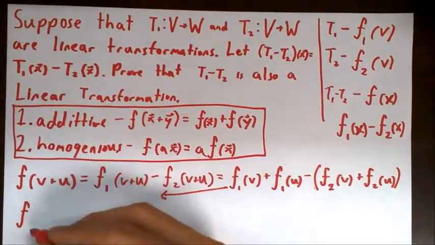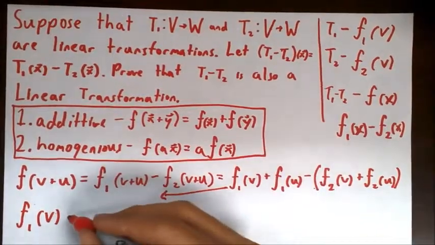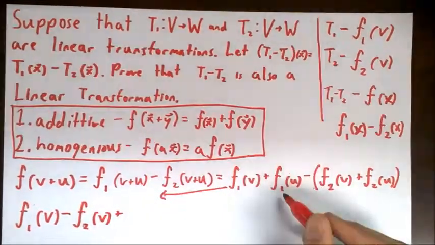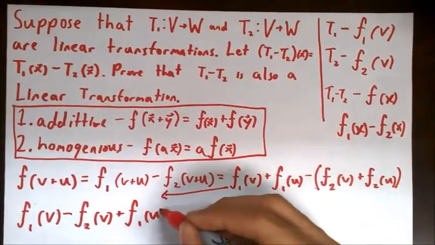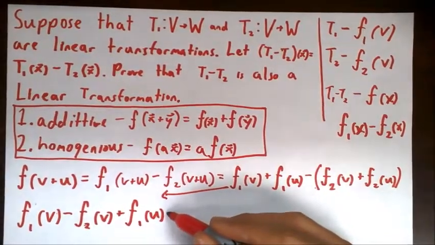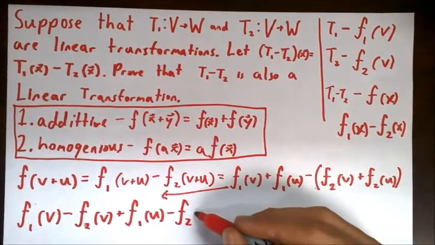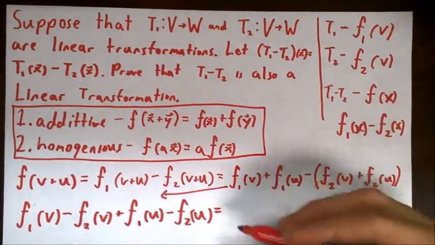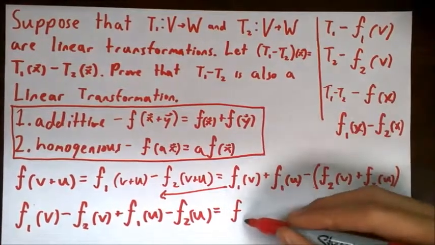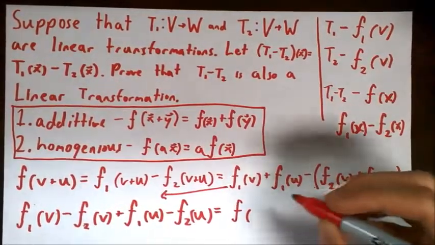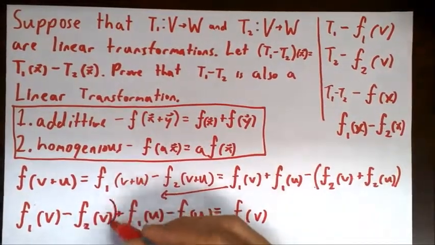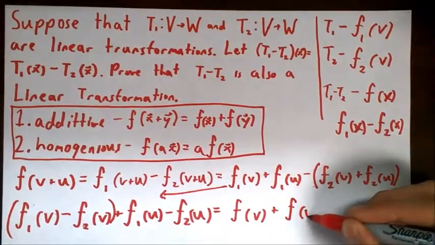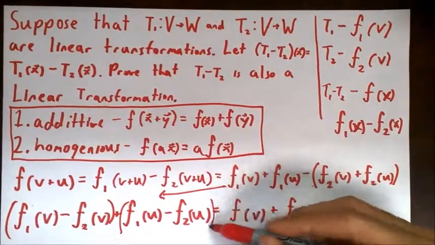That would be f1 of v minus f2 of v plus f1 of u minus f2 of u, which, because of this, we know is the same as the function that we are trying to find of v, plus the function that we are trying to find of u.